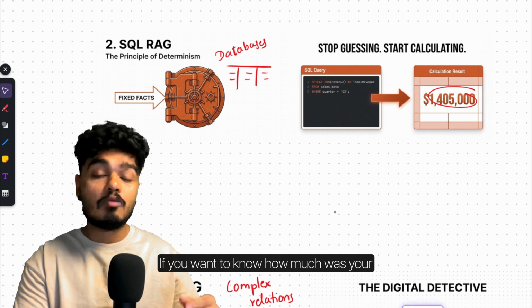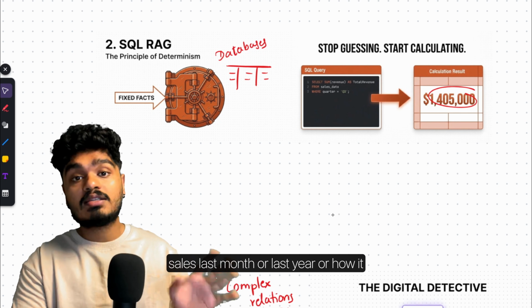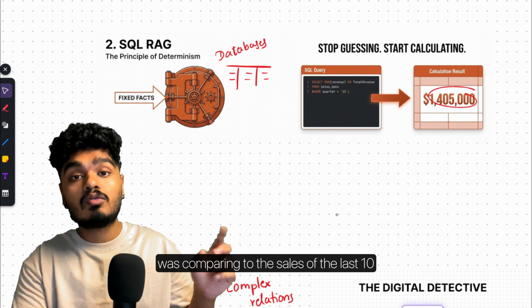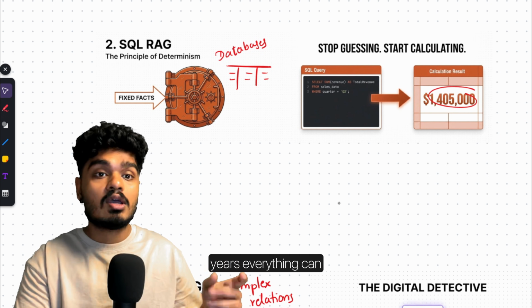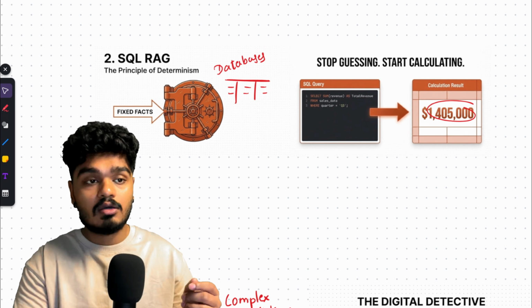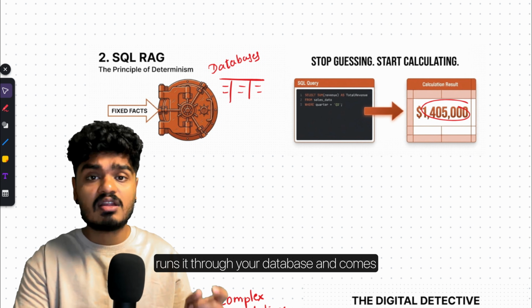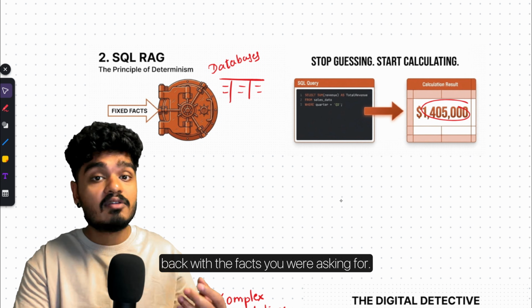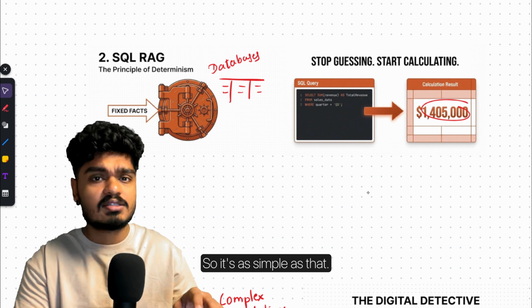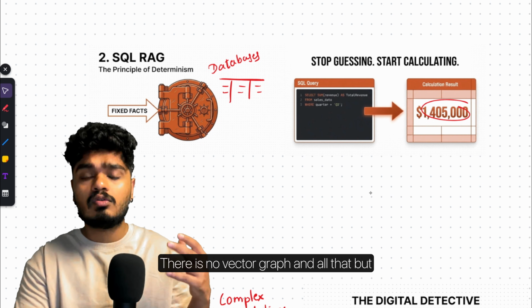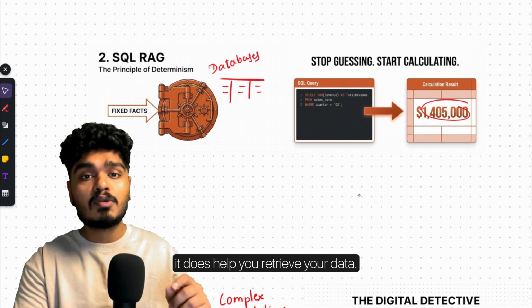If you want to know how much your sales were last month or last year, or how they compare to the sales of the last 10 years, everything can be done using SQL RAG. What SQL RAG does is, when you work with an LLM, it forms SQL commands and runs them through your database and comes back with the facts you were asking for. So it's as simple as that. There is no embedding, there is no vector graph and all that, but it does help you retrieve your data.